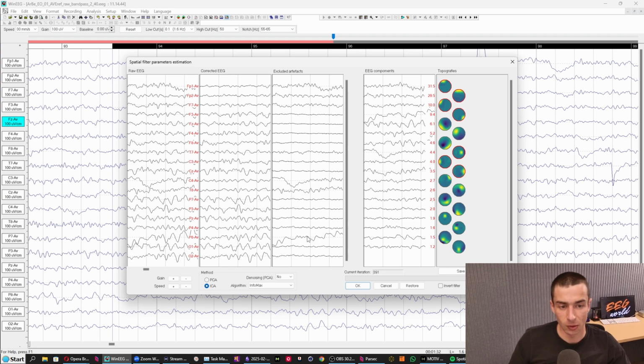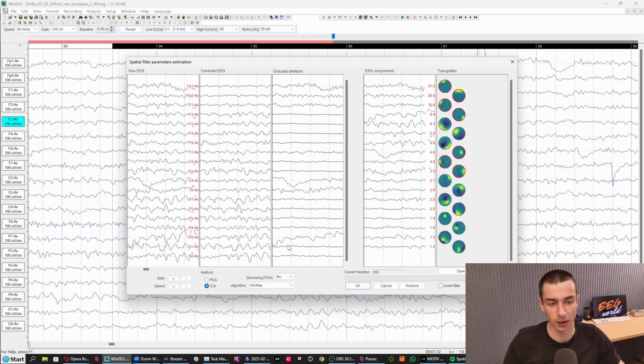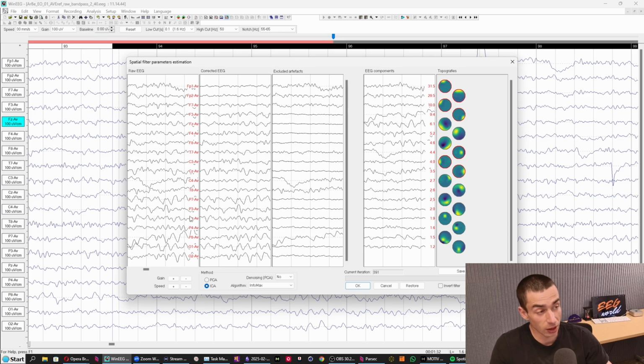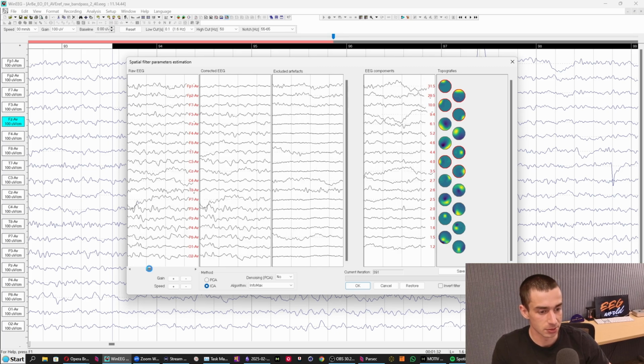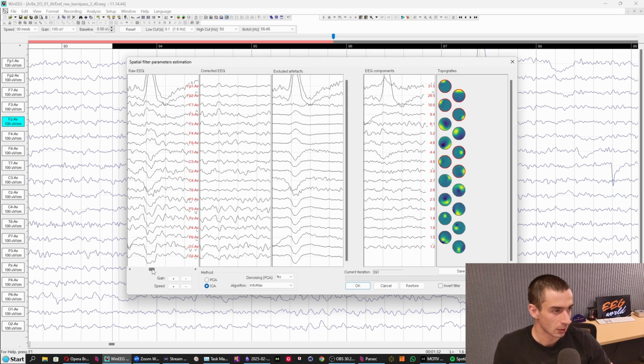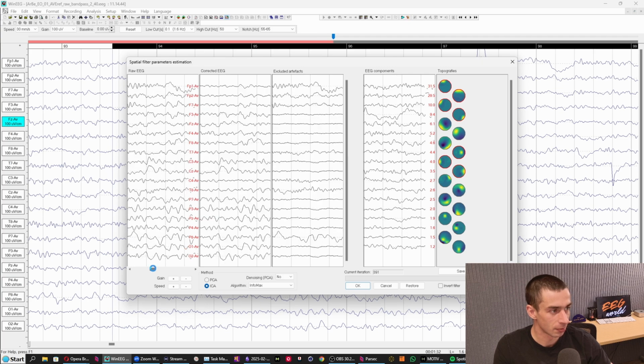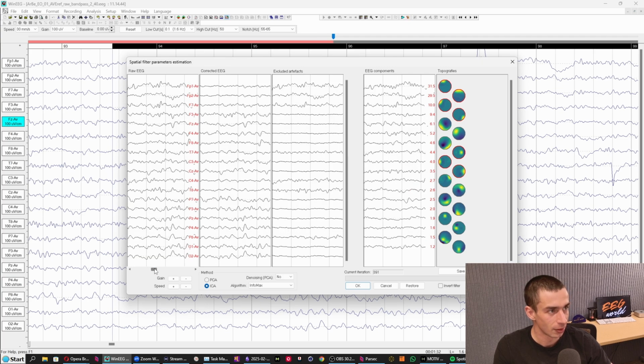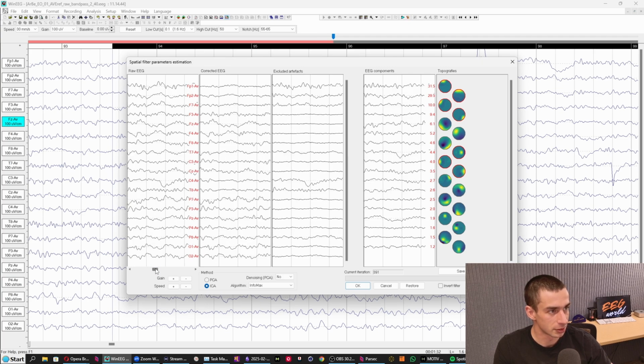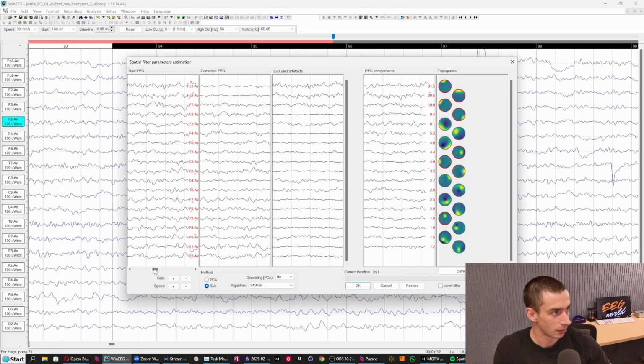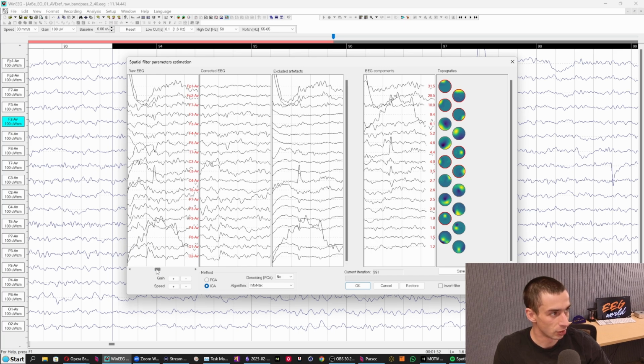And the more of these components that we pull out, the more we are at risk for squashing some of these channels. But so far, I am content with the amount of EEG squashing relative to the cleaning effect. Here we have an FZ component that's pulling out that slow sway from sensor drift.